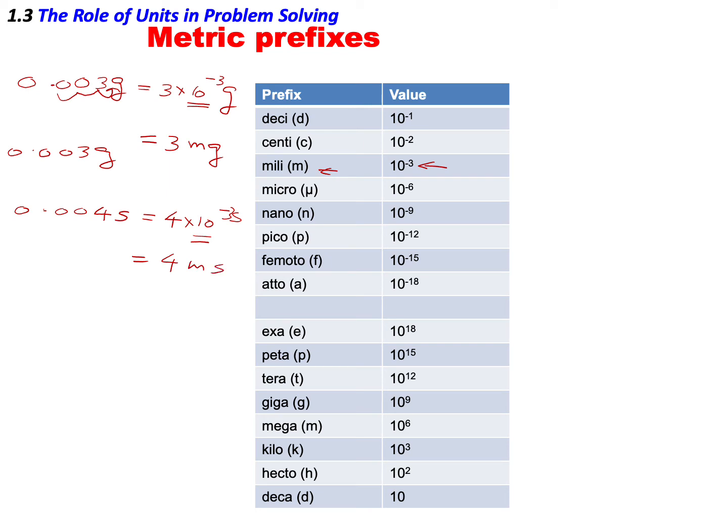Okay, let me take another example, 1,000 grams. You can write 1 times 10 to the power 3 grams. So 10 to the power 3 is kilo. Therefore, kilo is k. So you can write 1 kilogram.